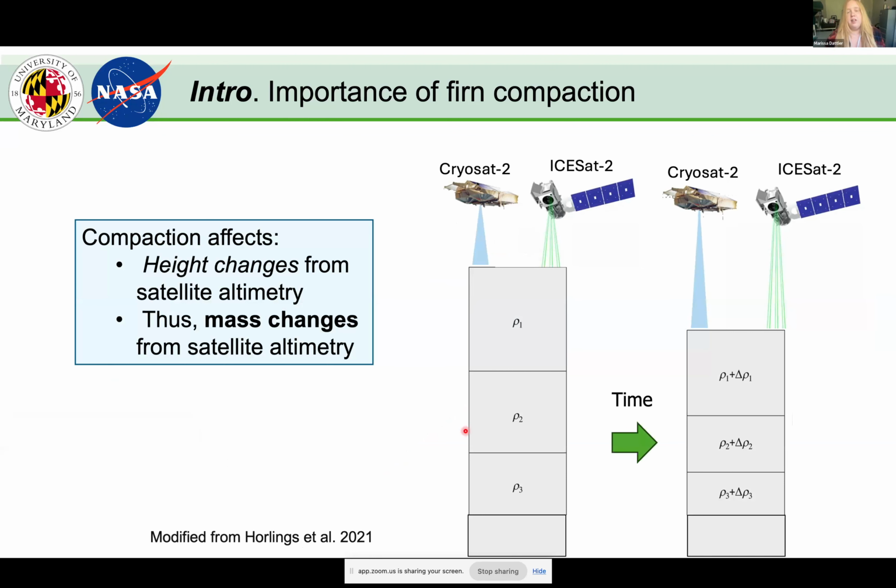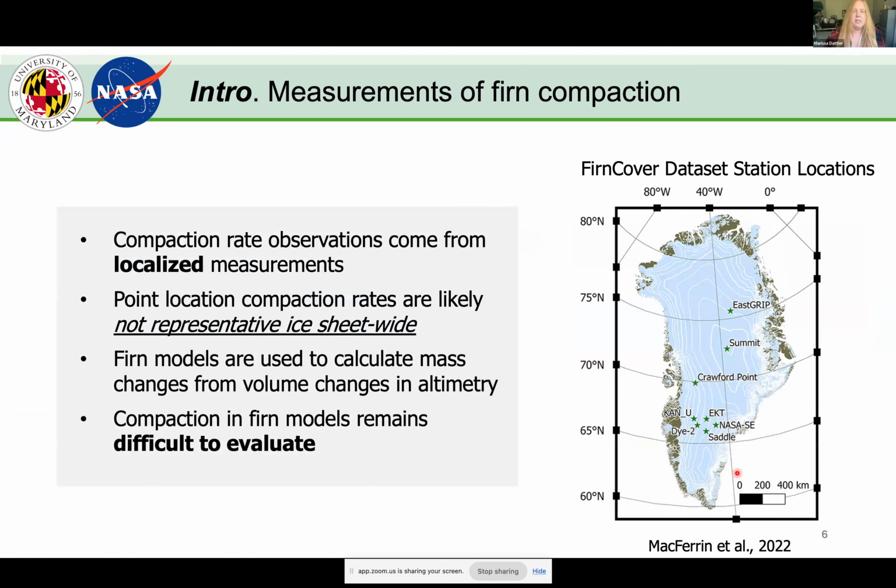As you see in the firn column from time 0 to time 1, it reduces in height, and these height changes are notable for altimetry, and they affect how you calculate mass changes, which is important, of course, for mass balance of ice sheets from altimetry.